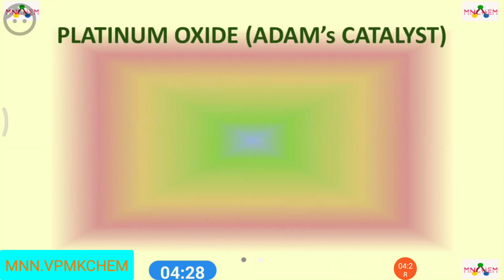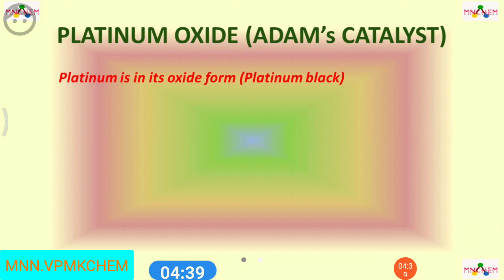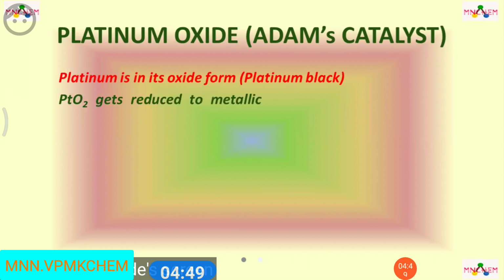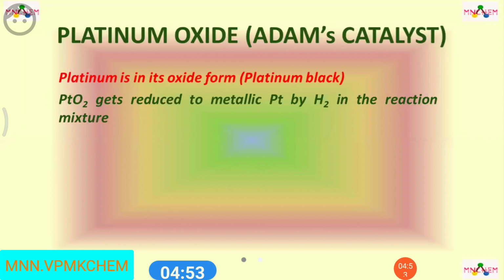Next, we are going to discuss Adams catalyst, that is platinum oxide. Platinum, when it is in its oxide form, PtO2, is known as Adams catalyst. It is also known as platinum black. This platinum oxide gets reduced to metallic platinum by hydrogen in the reaction mixture.